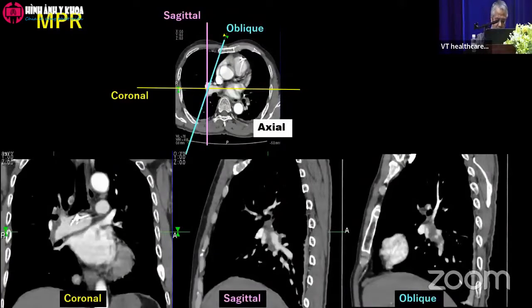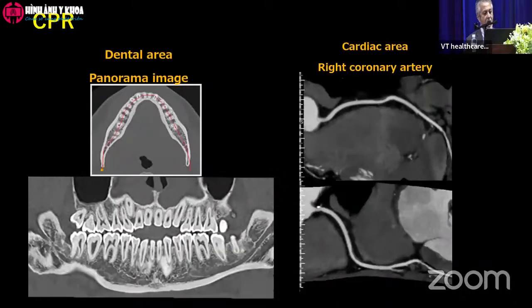MPR can display any cross section as a two-dimensional image from 3D volume data. In this case, the MPR image is shown when the actual image is used as reference. CPR is a method of displaying a curved surface on a flat surface.